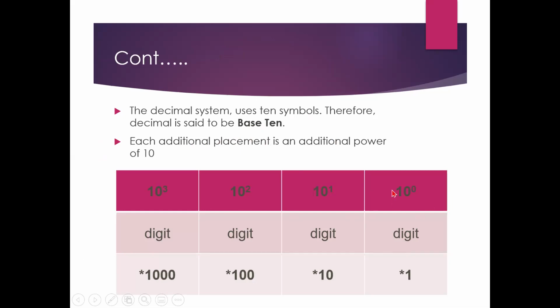The first digit is 10 power 0. The second digit, that means the tens digit, is 10 power 1. The next digit is 10 square, and the next higher digit is 10 cube. So to understand, each digit is represented with base 10 because there are 10 symbols used in this number system, that is the decimal number system, which is the conventionally used number system.